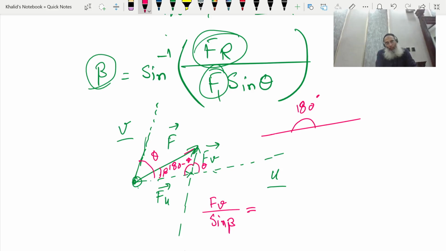This F is also given. The largest side is equal to F divided by sine of 180 minus theta.